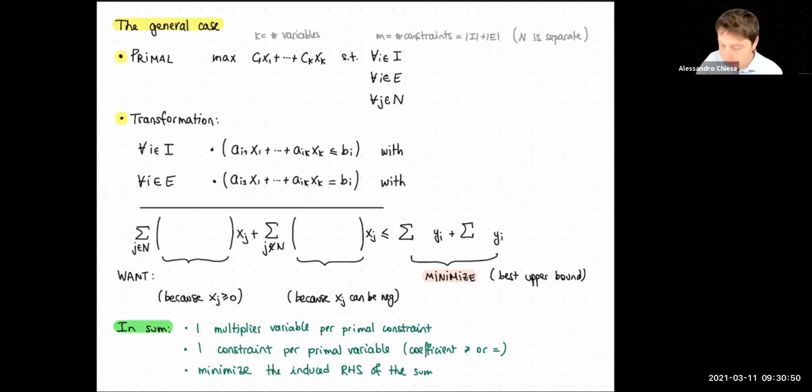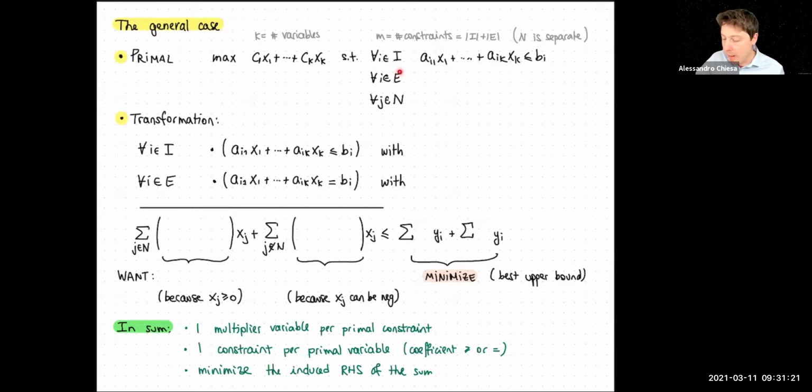They're constraints that look like this: AI1 times x1 plus blah, blah, blah, up to AIK xk is at most BI, right? This is a general inequality. We have some number of them. Whatever those are, just put them in a set and index them accordingly, and you have some corresponding coefficients, okay? All right, so that's one type of general constraint.